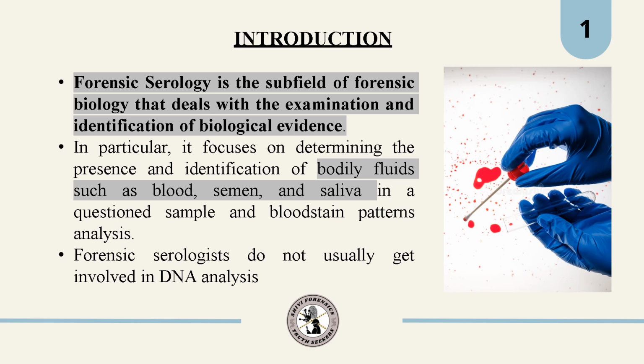After the test comes positive, then species identification is done on that biological fluid to determine the origin of the fluid, like if it is blood, to determine whether it belongs to human or to animals. This field does not deal with the examination of DNA.